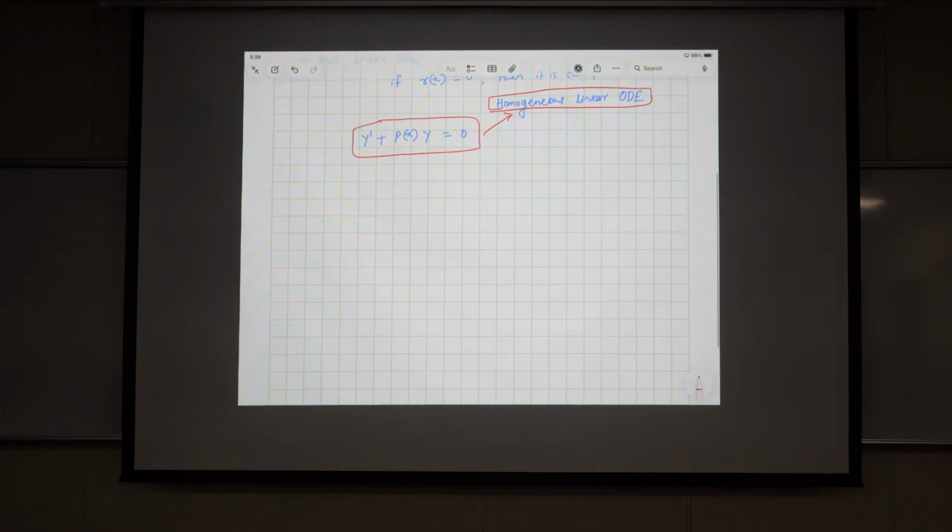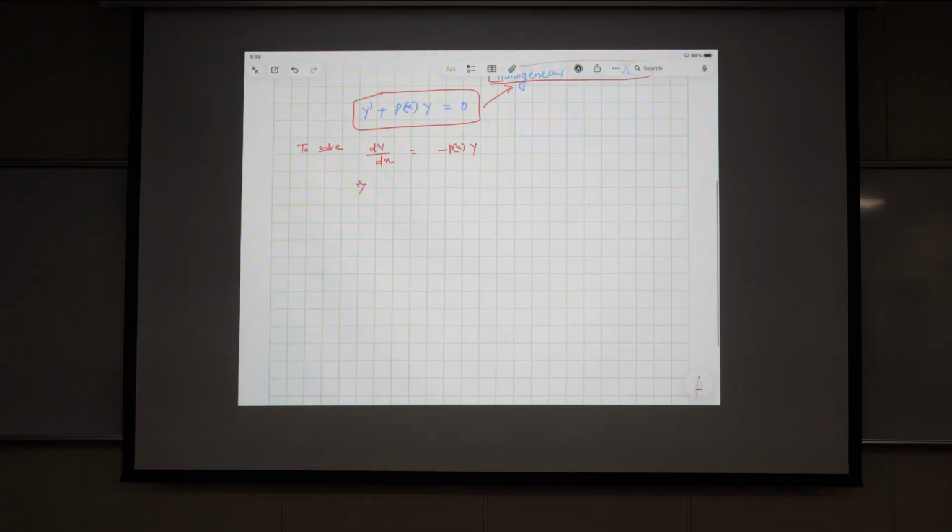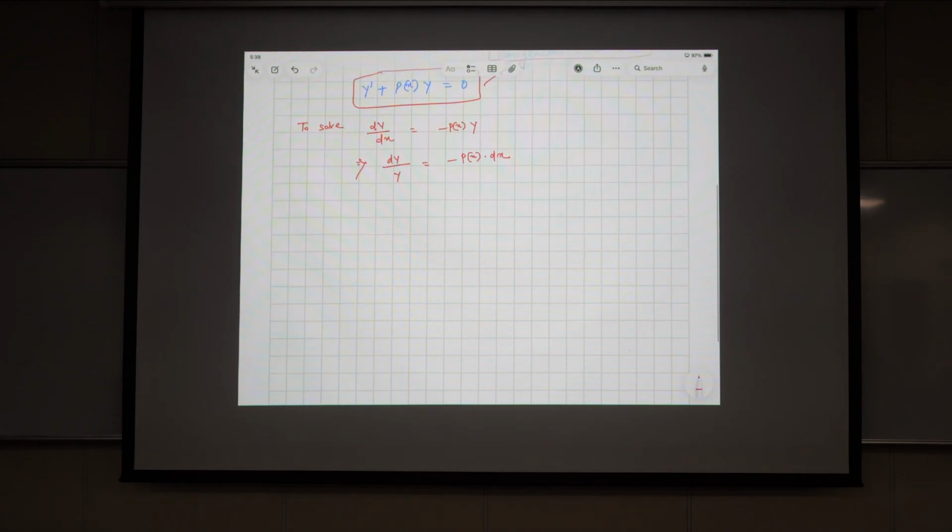So, to solve, what we can do? We can write dy by dx is equal to minus p(x) y. Okay? Then we can write dy by y is equal to minus p(x) dx. Then we apply integration.